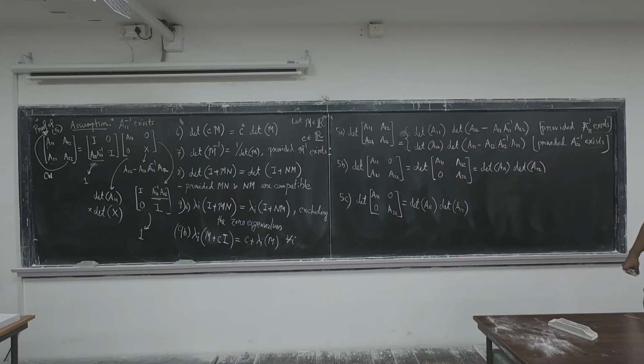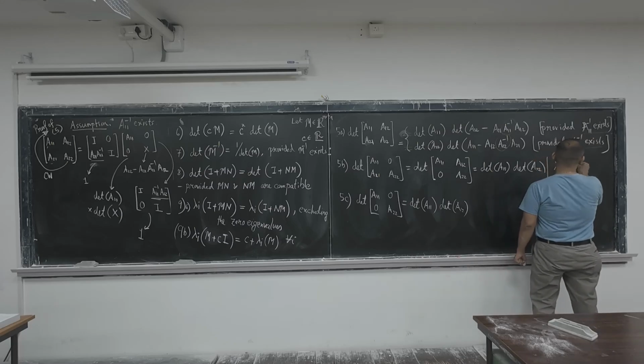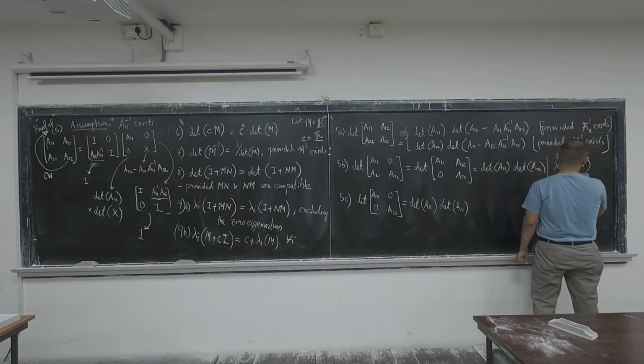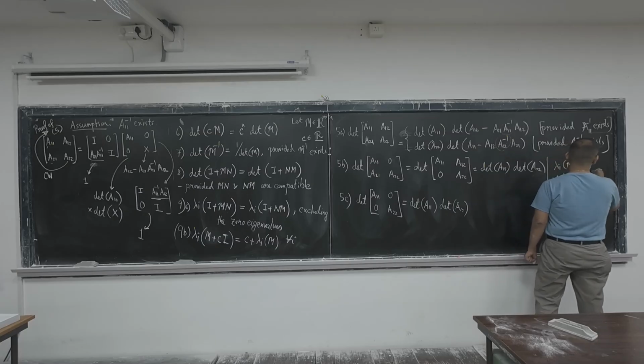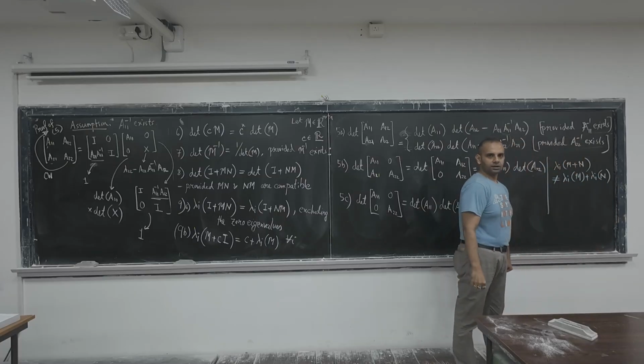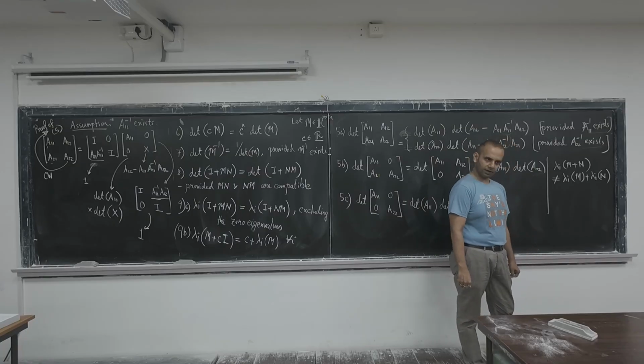Here you need some illustration. That is, we cannot write this, isn't it? That is, the eigenvalues of the sum of two matrices is never equal to the sum of the eigenvalues of individual matrices, right?